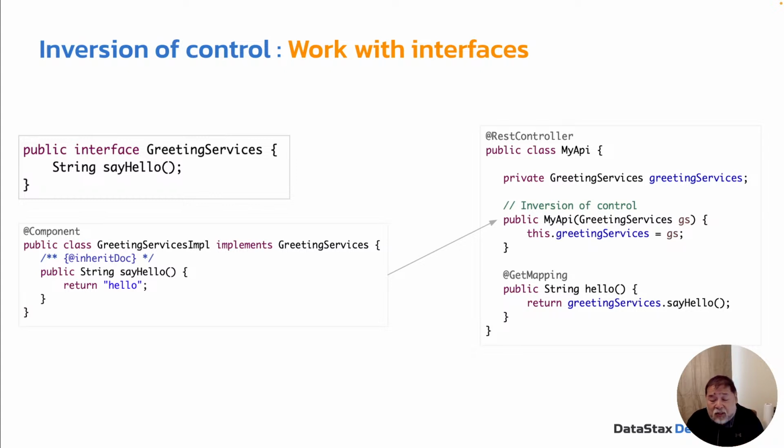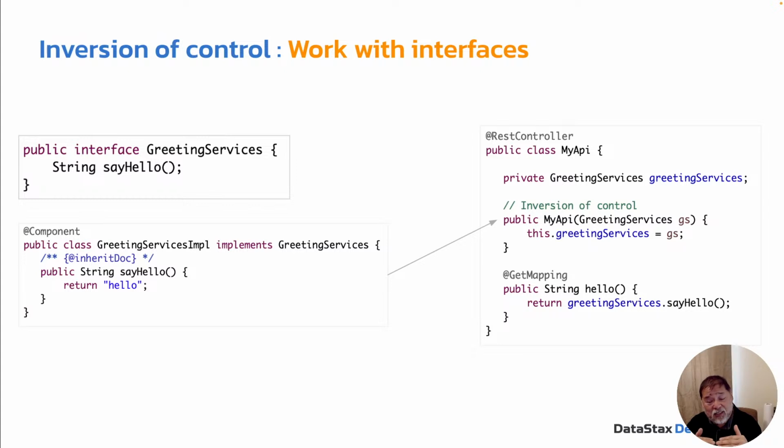If you are a Java developer, you most likely know about Spring top to bottom. But if you're not a Java developer, Spring is a framework that is based on inversion of control, working with interfaces. And what we mean by inversion of control is that instead of explicitly instantiating and using things, controlling it from your application, you say, I want this interface.